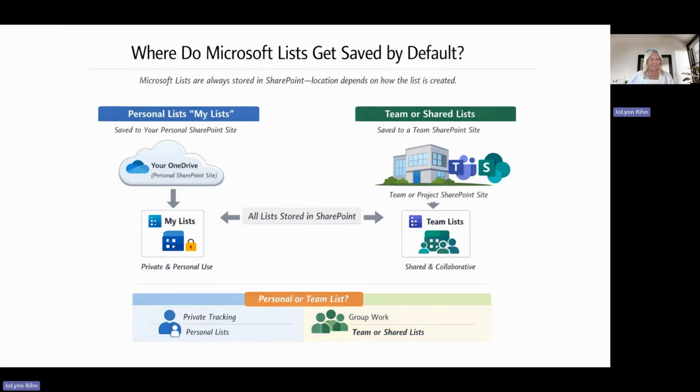It's really that same site that powers OneDrive for Business. You won't actually see it as a file like in My Files. It exists under the site contents in lists. So think of it as a private SharePoint list, even though it feels like OneDrive.